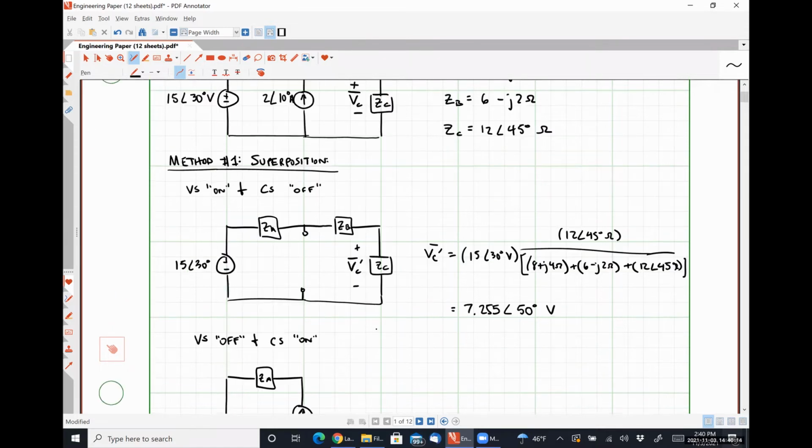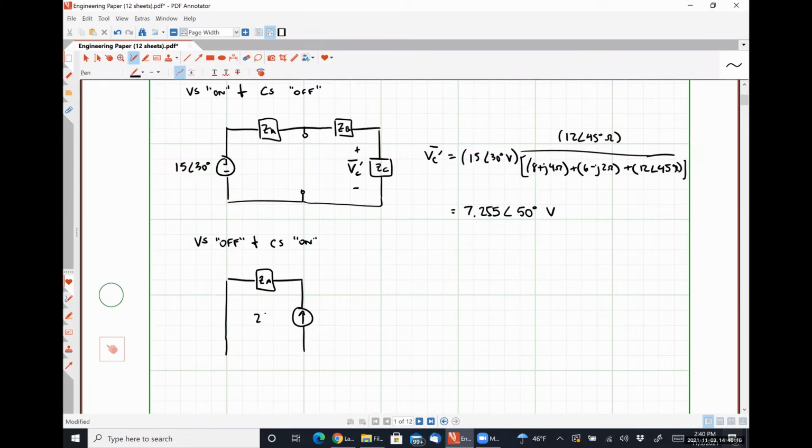Here is our 2 angle 10 degrees current source. Here's ZB. Here's ZC. And this is VC double prime we're trying to find.